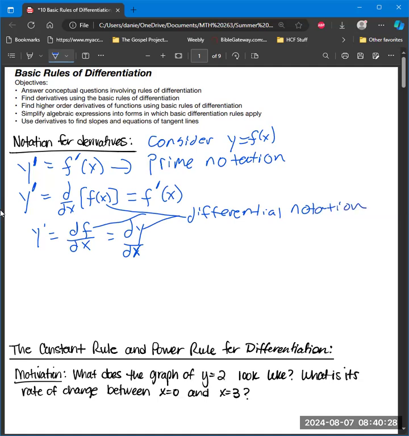All right, let's now talk about why we care about these basic rules.